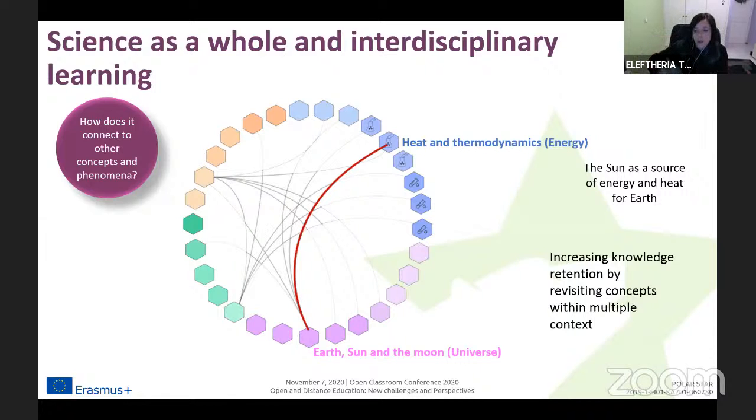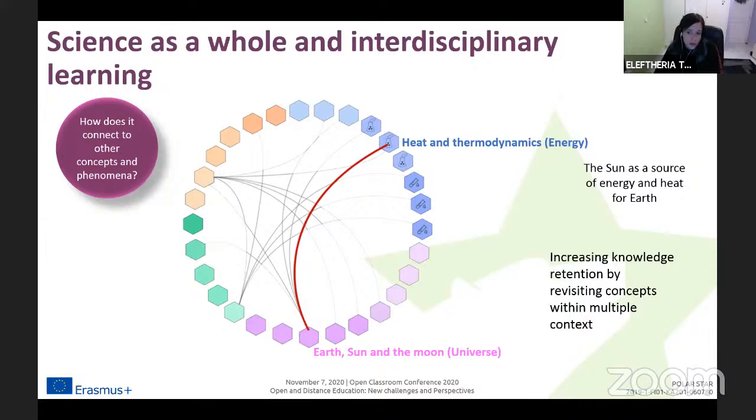So an example would be, when we're talking about the sun, for example, in elementary school, we might talk to them about its place in the world, and that Earth goes around it and that the moon goes around the Earth. So we're talking about the sun as a celestial object. At some point later on, we might talk about heat and thermodynamics, and we might talk about thermometers and how iron gets warm really fast, but wood doesn't.